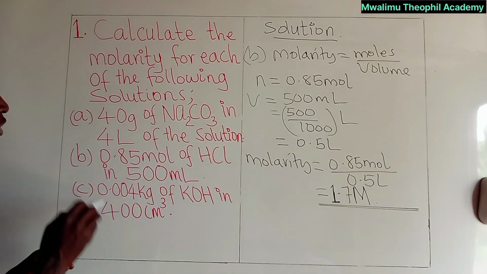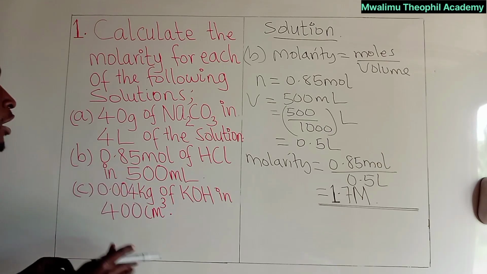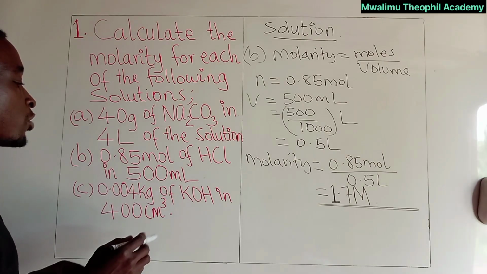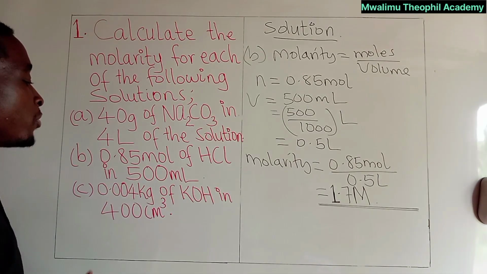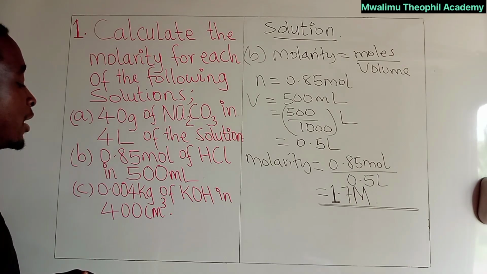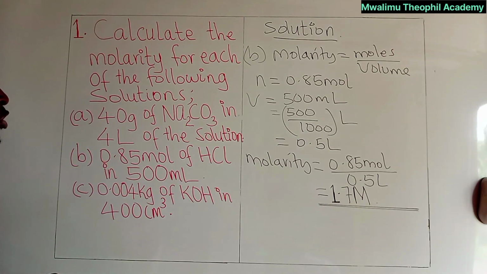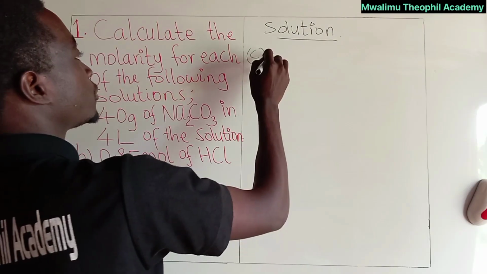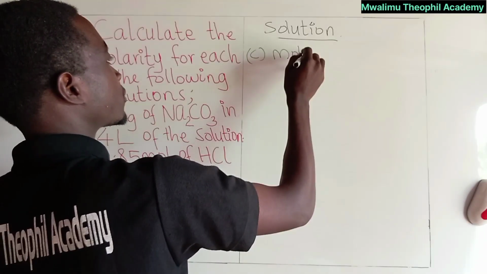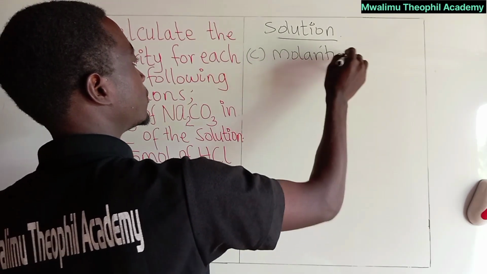In part C, we are given 0.004 kg of potassium hydroxide dissolved to make 400 centimeter cubed. Now, what would be the molarity of this amount of potassium hydroxide in 400 centimeter cubed? Now, let's see the solution for this. As usual, our molarity is equal to number of moles over volume.